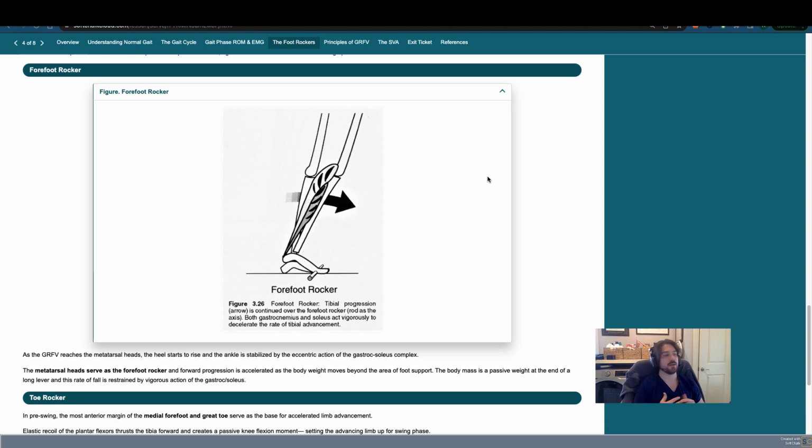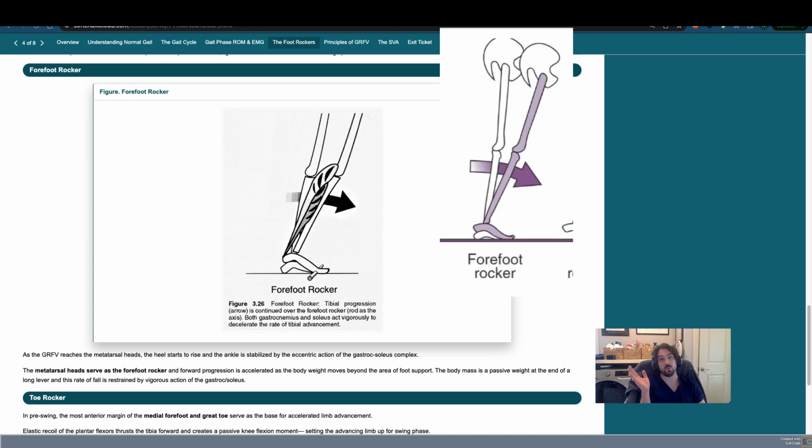Okay, so the mechanism for losing our forefoot rocker ends up working pretty similarly to our ankle rocker. During forefoot rocker, again, our tibia is continuing to progress into more of an inclined position, and during normal gait, it does that by gaining more dorsiflexion at the ankle. Right, the plantar flexors are still working really hard to restrain the tibia, and that's giving our thigh segment a chance to continue to accelerate over our foot segment.